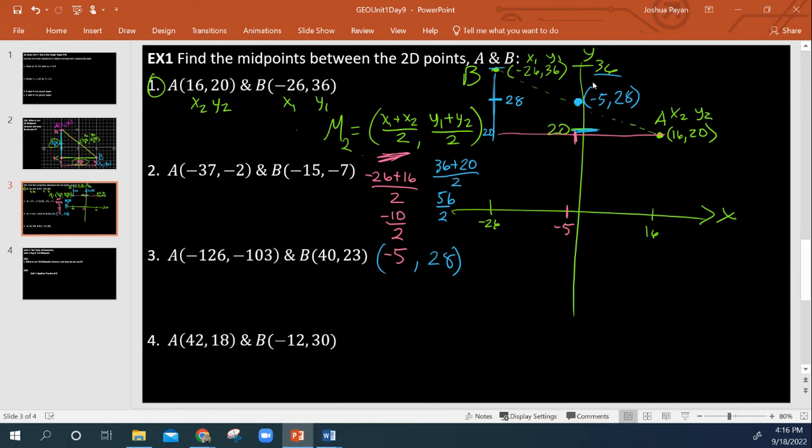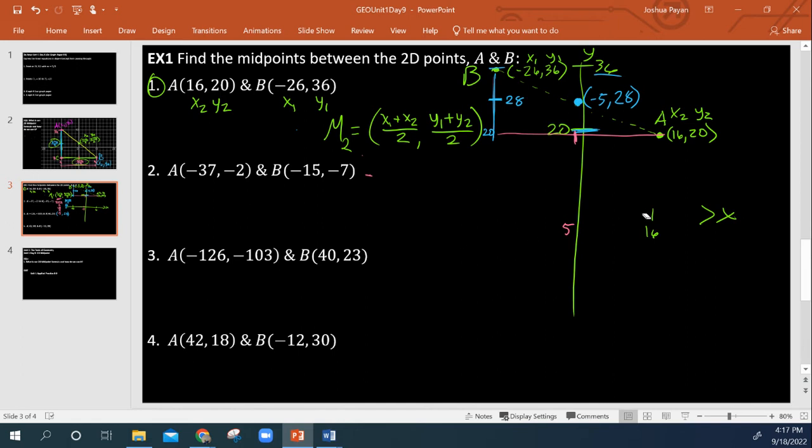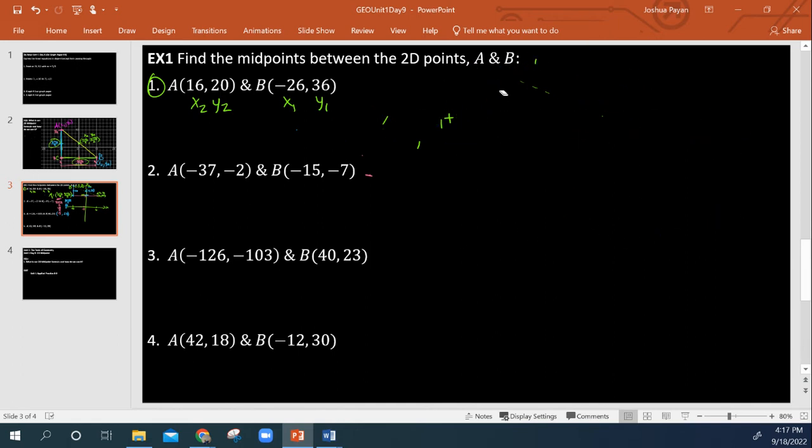Okay? So now let's do it just with the math. We've gotten more or less a visual on how this is going to work, but let's look at just the math, focus on just the algebra that goes to this. Geometrically speaking, all we're doing is looking for the midpoint in 2 dimensions, quite literally.